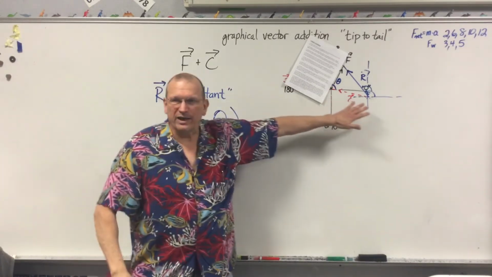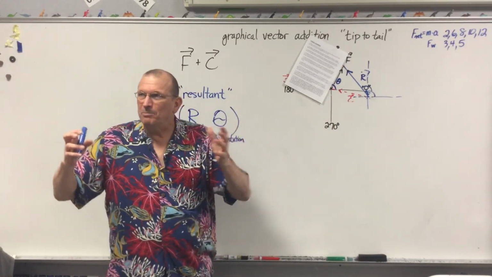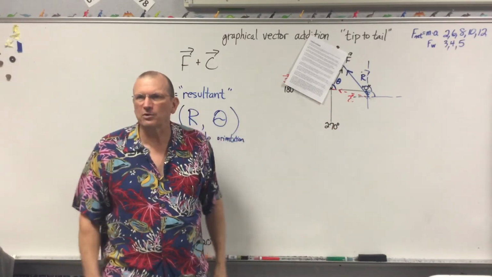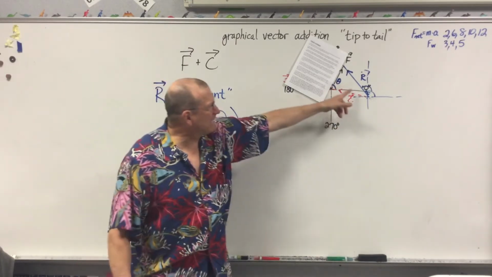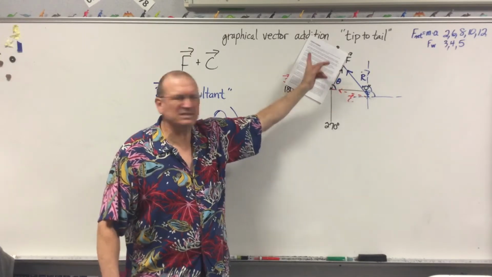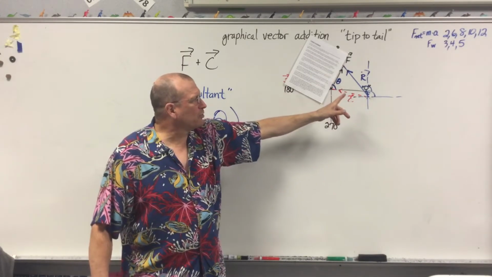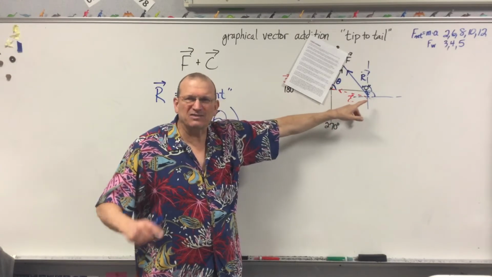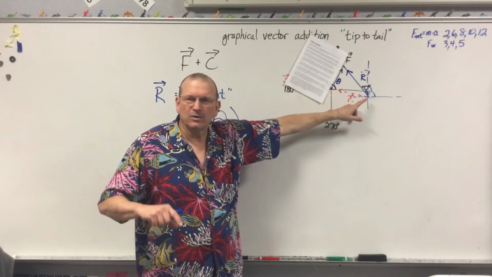If I did it this way, the beginning of my chain is not on my original set of coordinate axes. But my answer is the same length and it points in the same direction. But in order to measure the angle properly, I need to measure at the tail of my resultant.